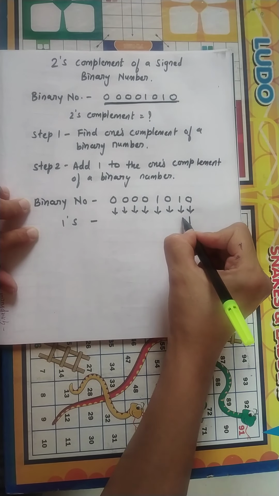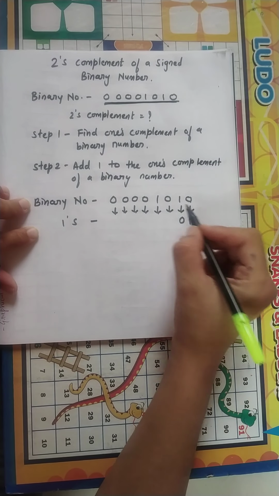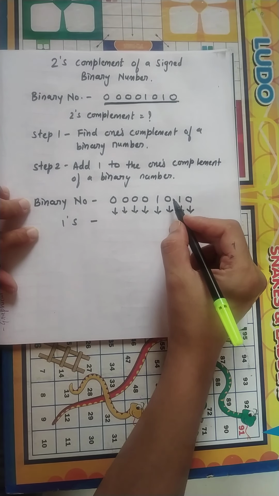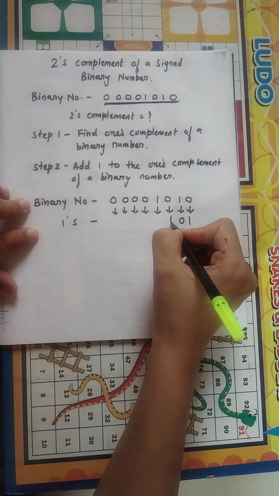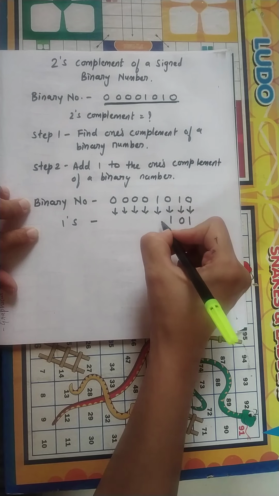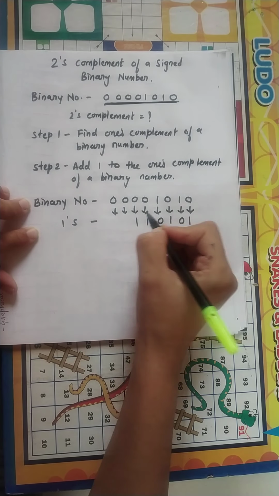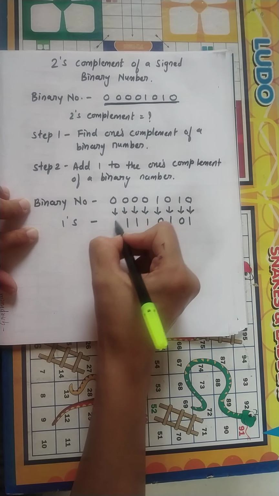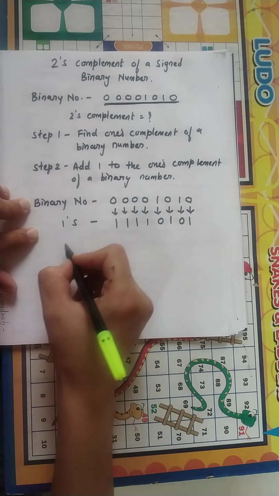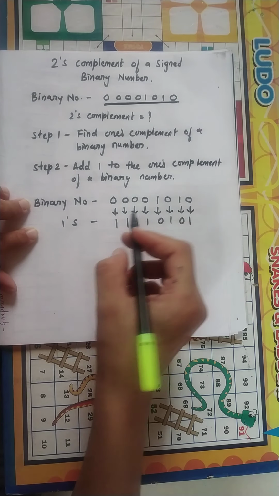If there is 1, we have to invert it as 0, right? That means we have to find the complement to get the 1's complement of a number. So here 0 is there, 1 will be the complement for it. 1 is there, so its complement will be 0. 0 is there, 1. 0 is there, its complement will be 1. 0 is there, its complement will be 1. Here 0 is there, its complement will be 1. Now this is the first step I performed to get the 1's complement of a binary number.